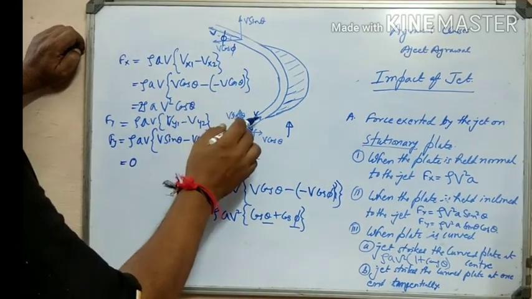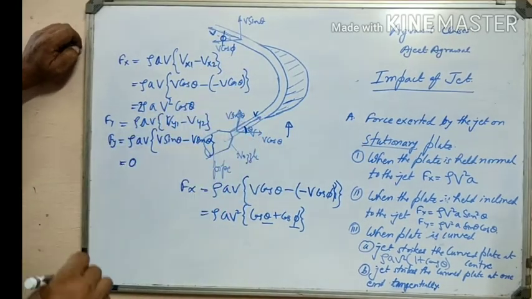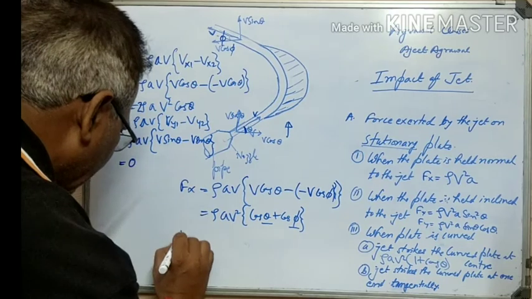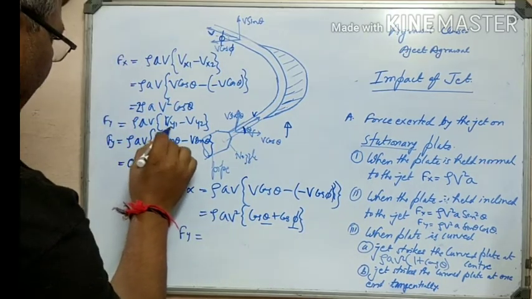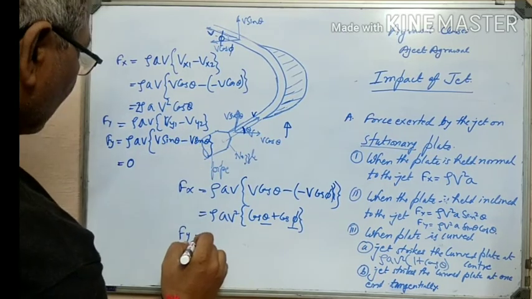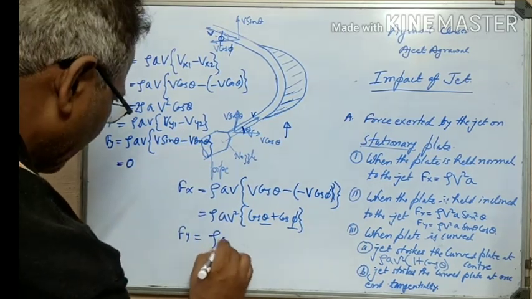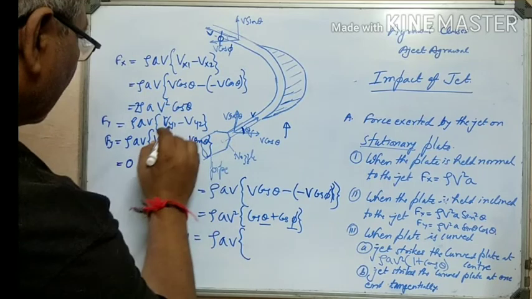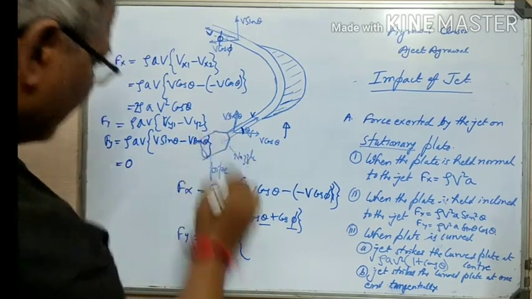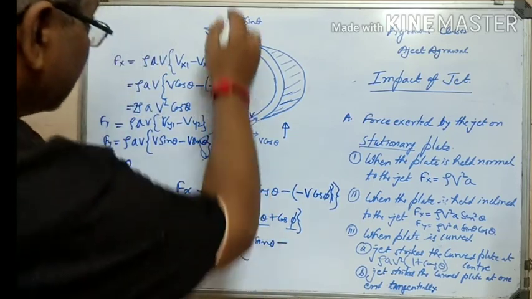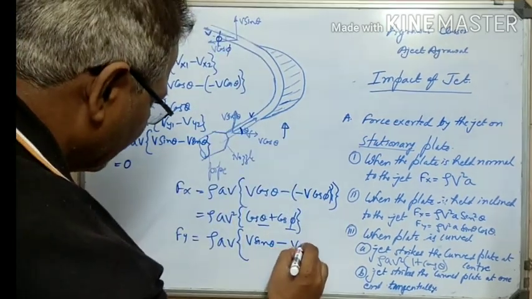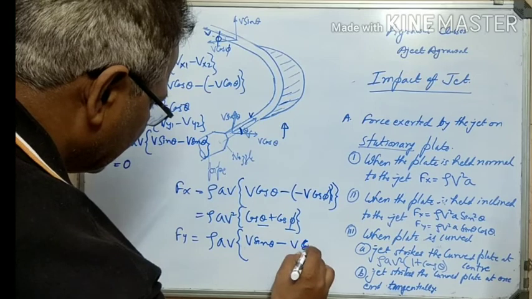And Fy will be equal to rho A V (Vy1 minus Vy2). So it is rho A V, where Vy1 will be equal to V sin theta, minus here V sin phi.